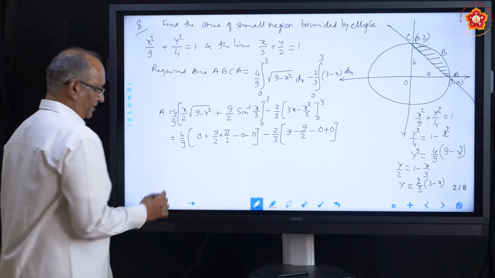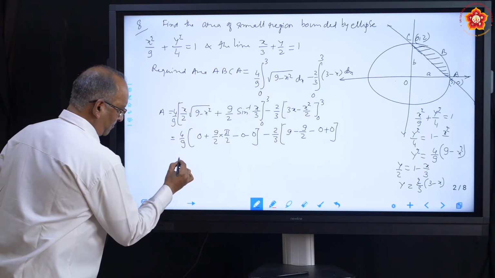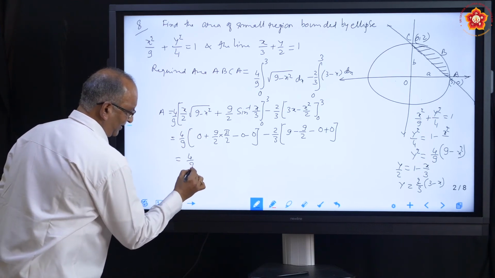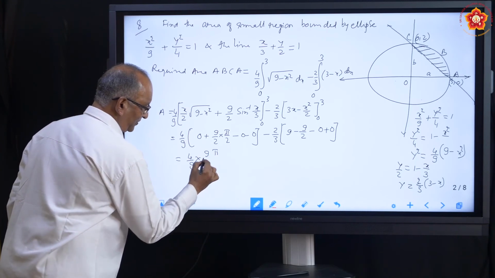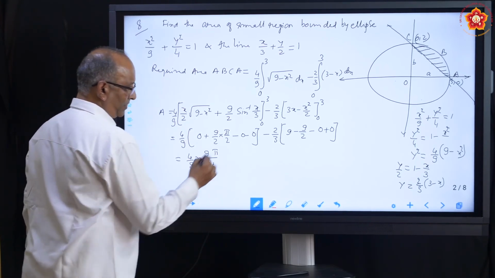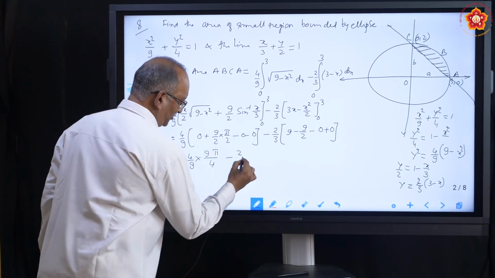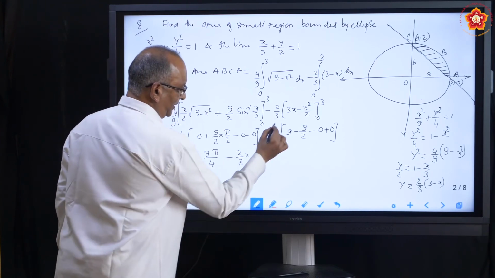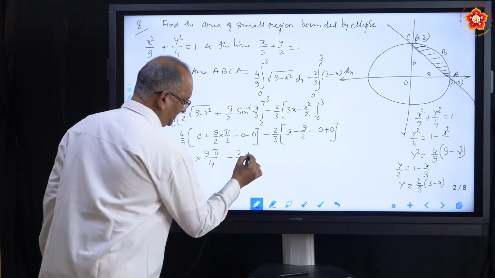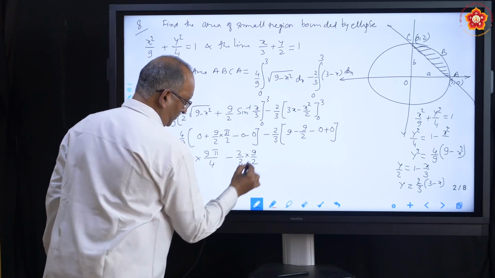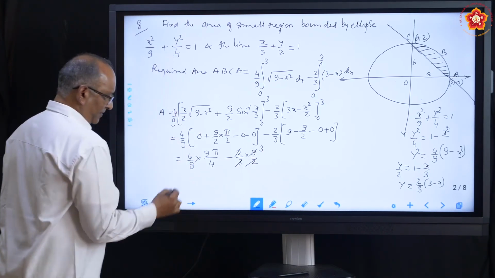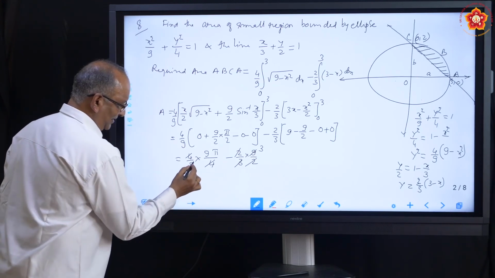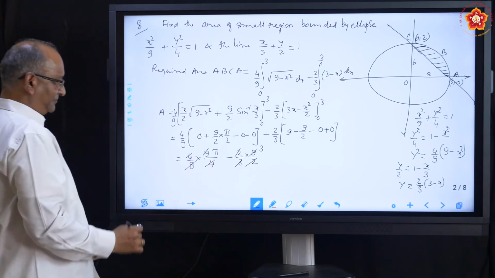Simplify. So here we have 4 by 9 into 9 pi by 4. Here we have minus 2 by 3 into 9 minus 9 by 2 is 9 by 2. 2 and 2 cancels, 3 1s are 3 3s are. 4 and 4 gets cancelled, 9 and 9 gets cancelled.